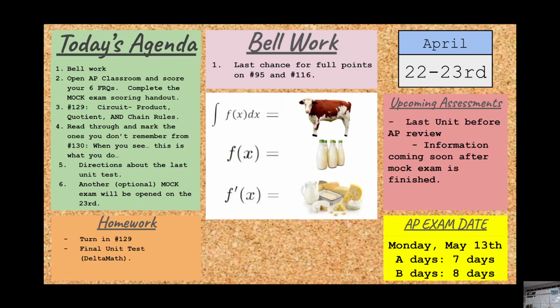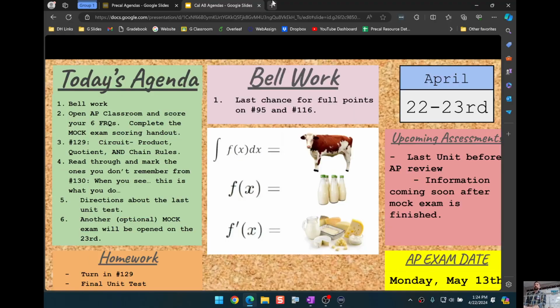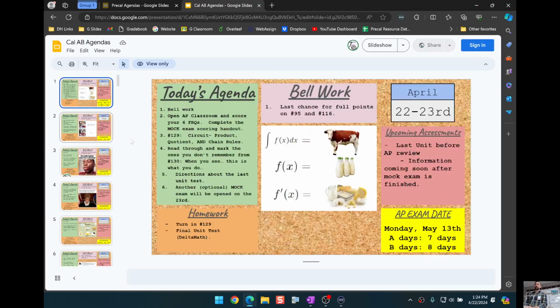I messed up. This 129 should be 130. I just realized that a minute ago. I'll clarify next class. Actually, I'll just do it right now. I had messed up the numbering on today's circuit. It should have been 130, not 129.